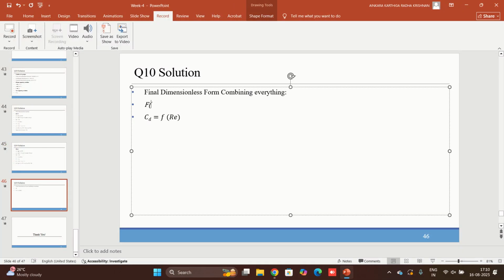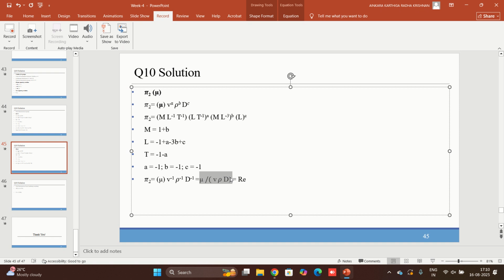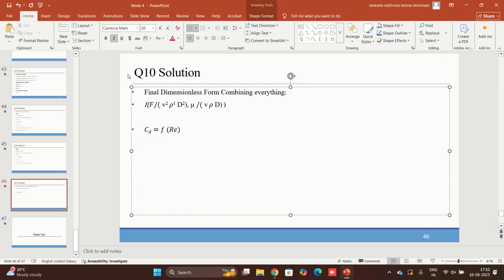So it is F by V square rho D square, which is a function of RE.